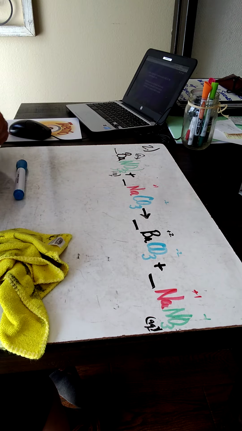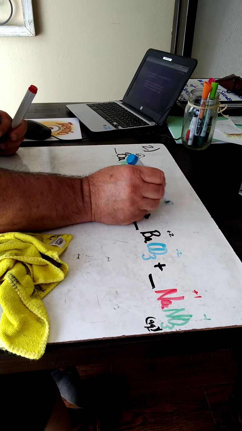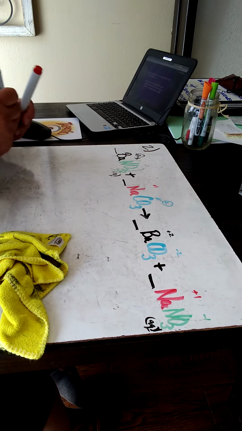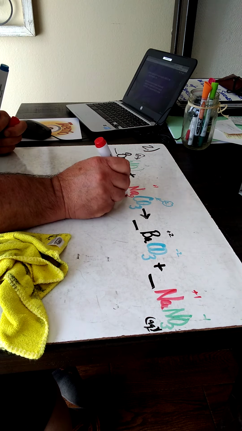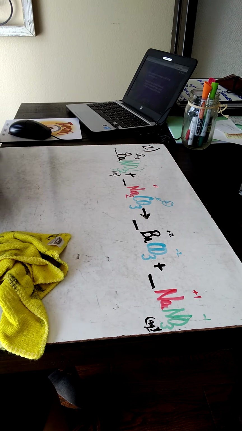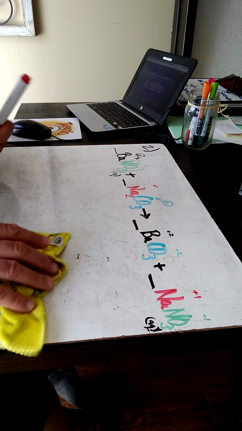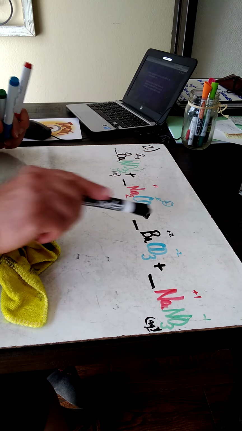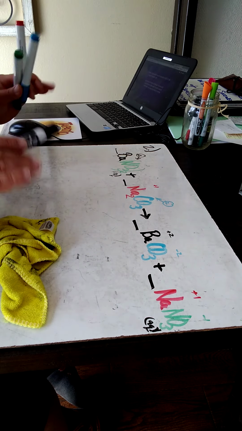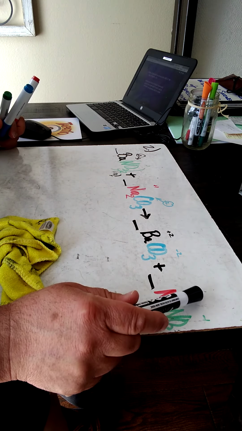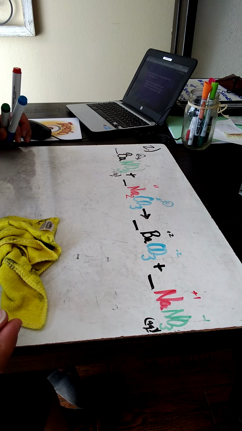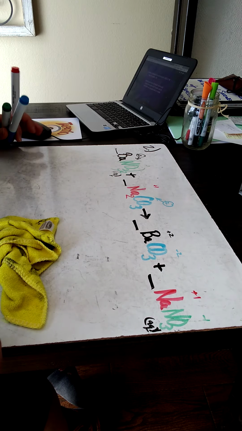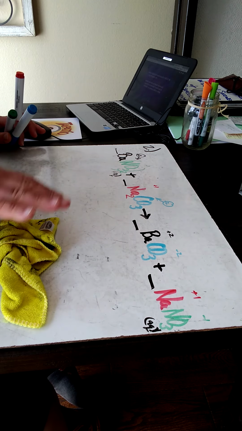And our sodium is going to have a 2 in that spot. Now, that's for the reactant side. Let's take a look at the product side. We have a 2 and a 2. They crisscross, they cancel one another out. Over here, we have a 1 and a 1. They crisscross and also cancel one another out. So we're good right now with our formulas.